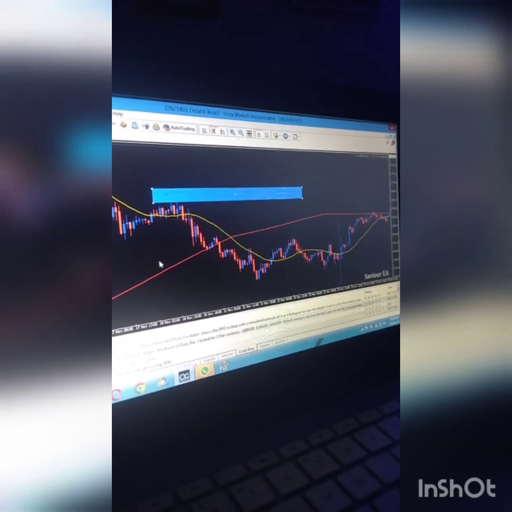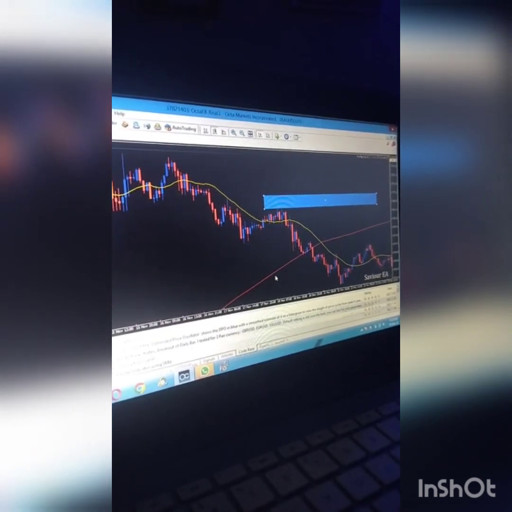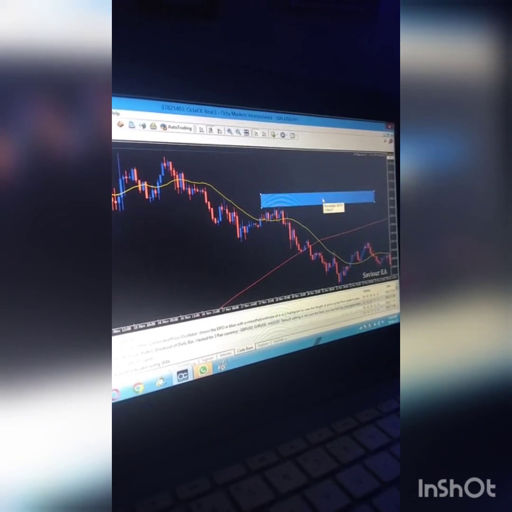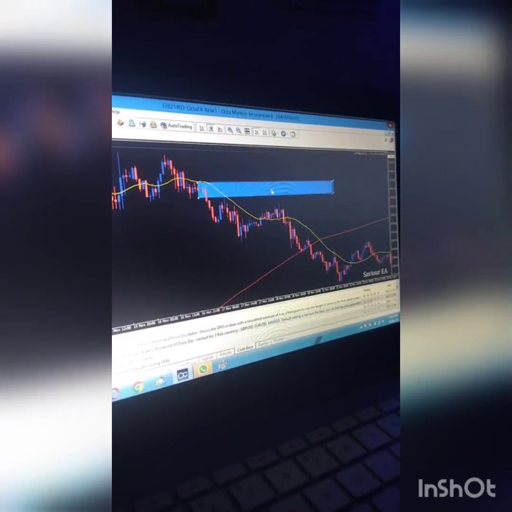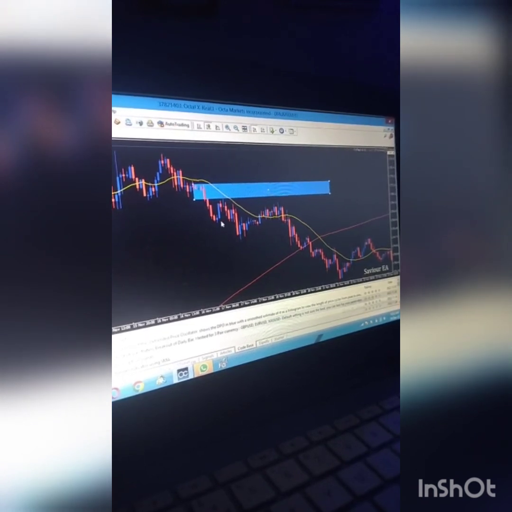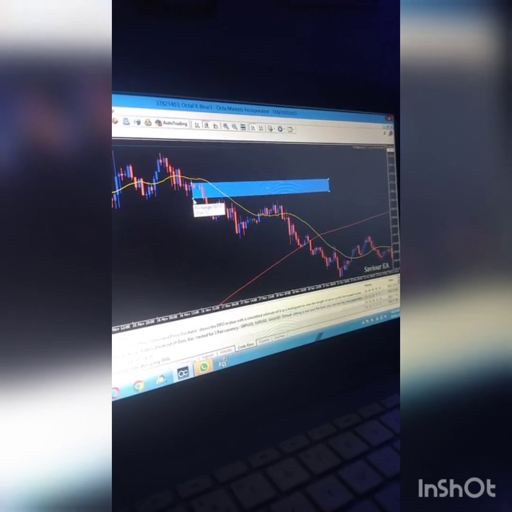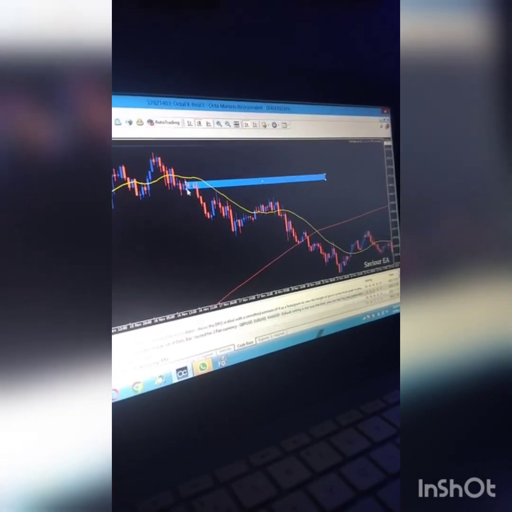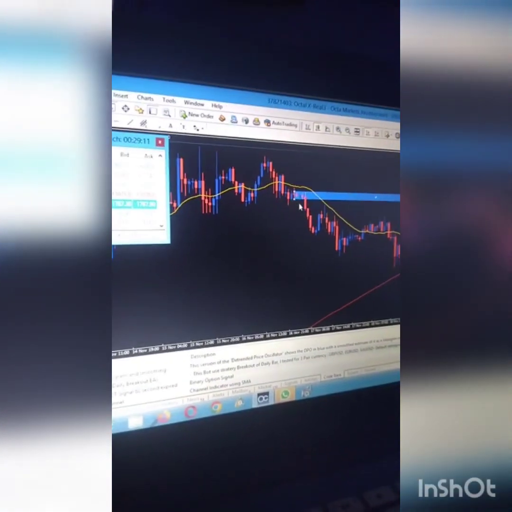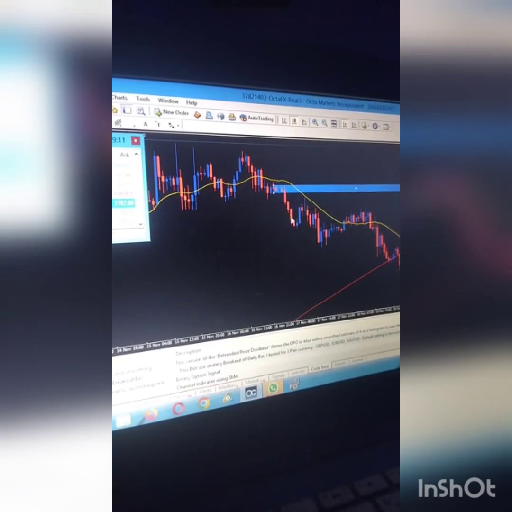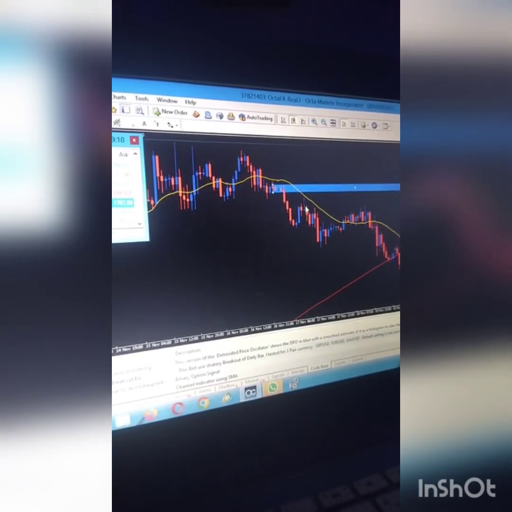So we are looking for strong move. This is strong. But let's see. Price didn't get there. This is strong actually, but price didn't get there here.